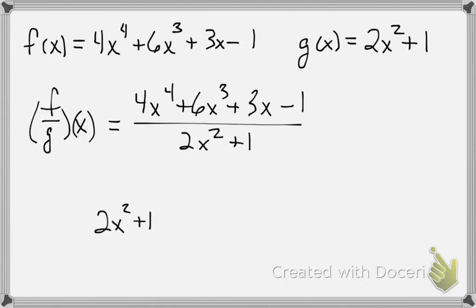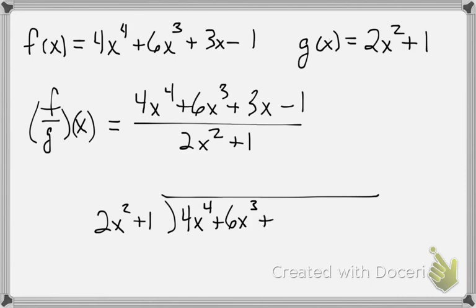2x squared plus 1. What is my dividend? 4x to the fourth plus 6x cubed, sorry. It's okay. You're not losing points now. Plus 0x squared plus 3x minus 1.